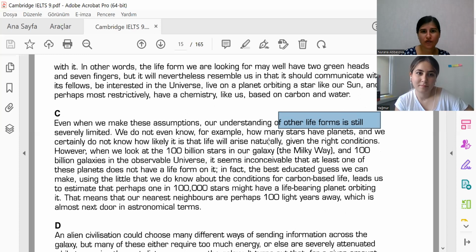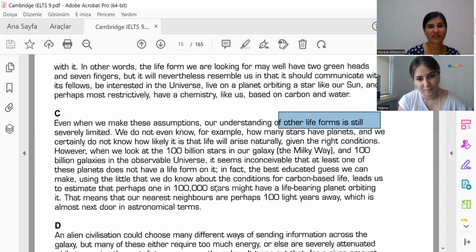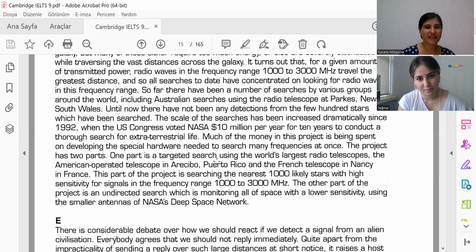We do not even know, for example, how many stars have planets. But we assume, again, we assume, and according to some carbon-based life, they look for carbon-based life. And all this, I think, they assume according to some mathematical calculations, not that they have seen it. Yeah, good. The answer is correct.